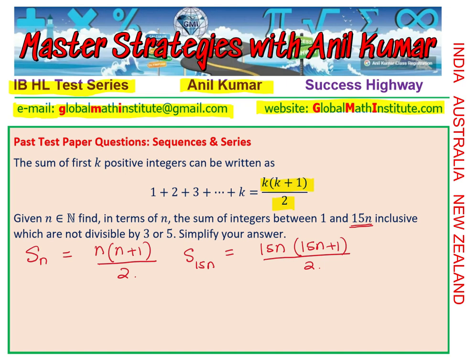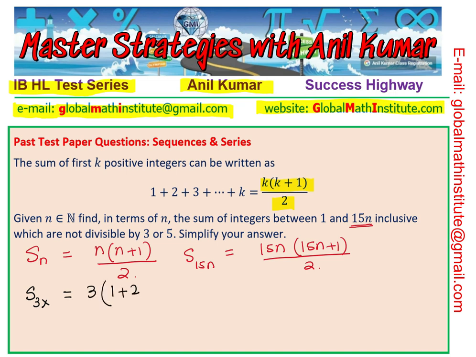So let's be very clear about it. What are the multiples of 3 when we are talking about 15n numbers? If I factor out 3, then I get the numbers 1 plus 2 plus 3 plus so on, till, since we want 15n as the last number, it will be 5n.